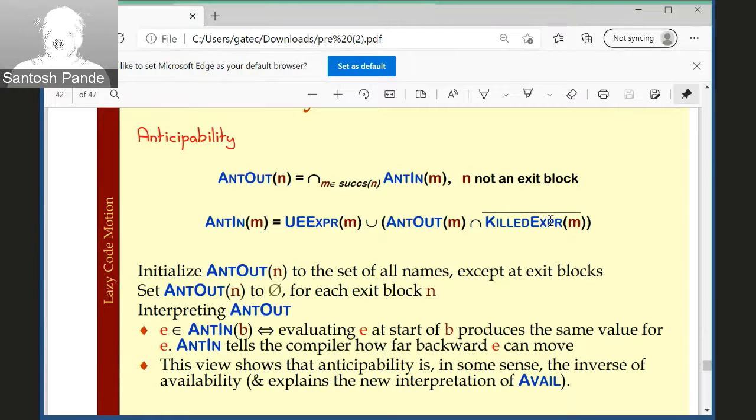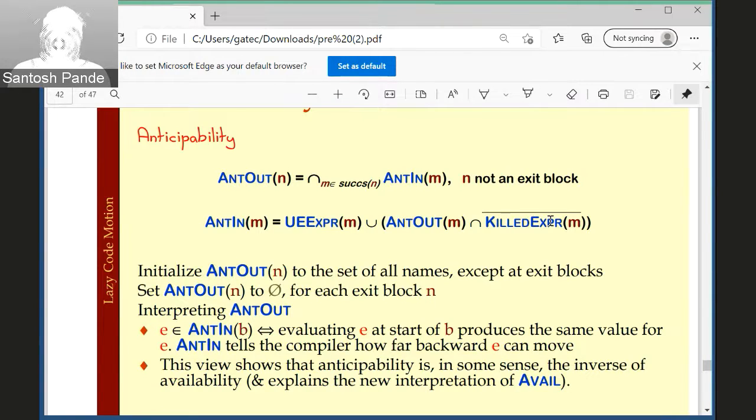So, in short, for an expression to be anticipatable at a given point, it must be anticipatable in each one of the successors' block input sets. These two are very clear, and they are fundamental to understanding why we are formulating PRE like this.